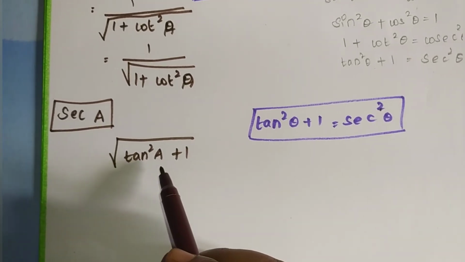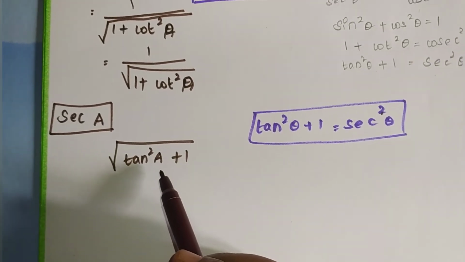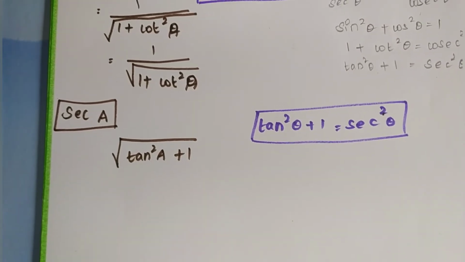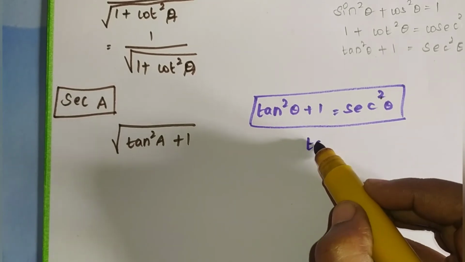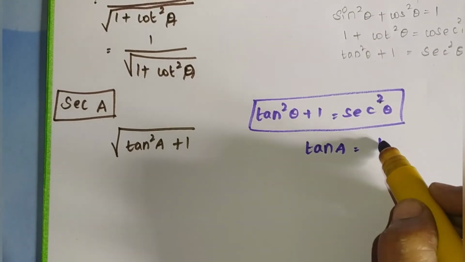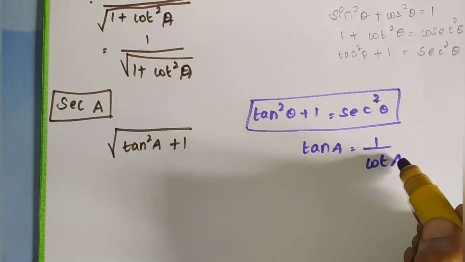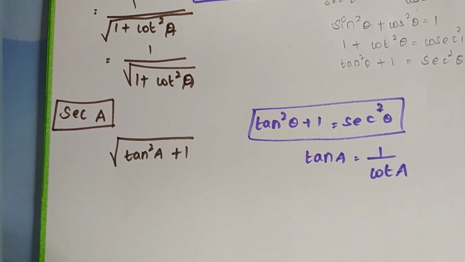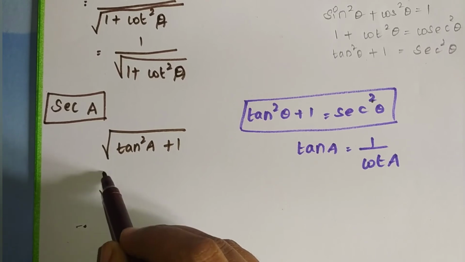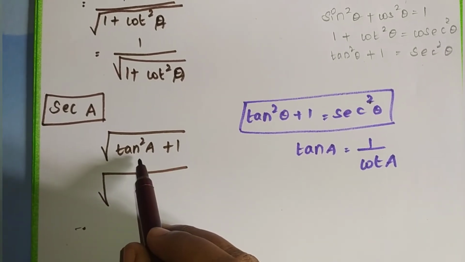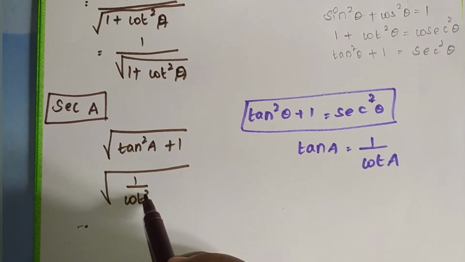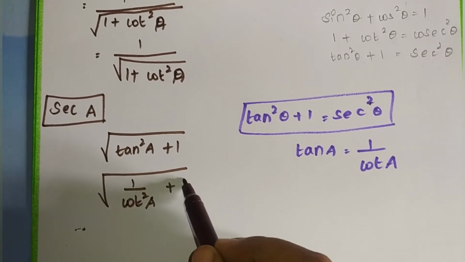Then this tan A we can write in terms of cot. How can we write it? The reciprocal of tan is cot: 1 divided by cot A. So instead of tan A, I am going to substitute 1 by cot A. Root of, here we have tan square A, so we write 1 divided by cot square A plus 1.